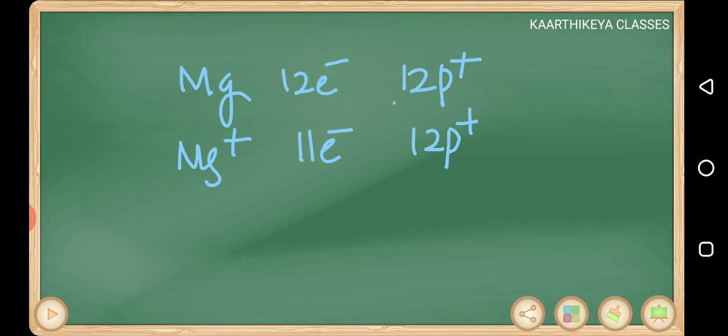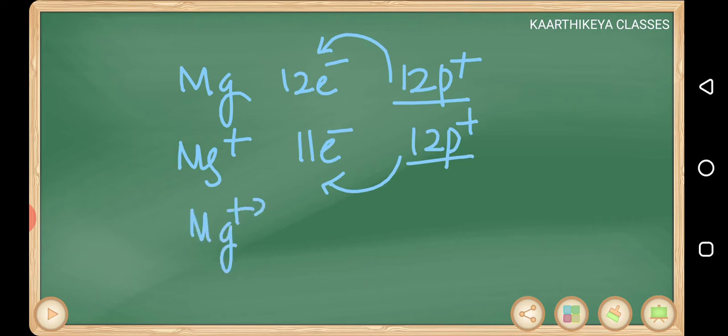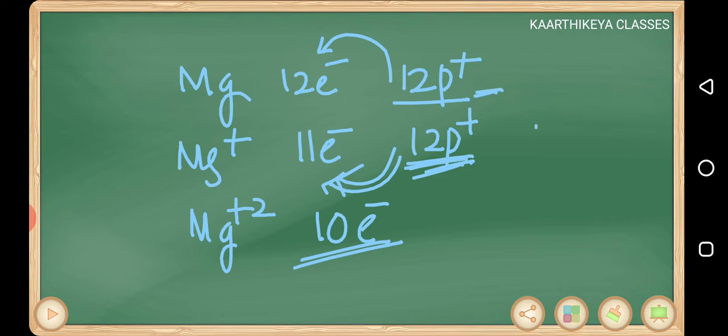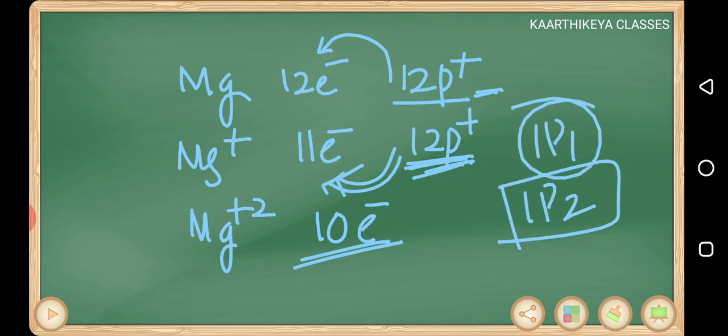Now 12 protons attract 11 electrons more strongly. If you want to convert this into Mg plus 2, you remove one more electron to make it 10 electrons. So you need to overcome attractive forces which are more than in the neutral atom. So you require more energy. That's why IP2 is always greater than IP1.